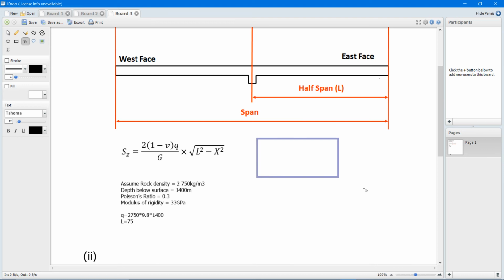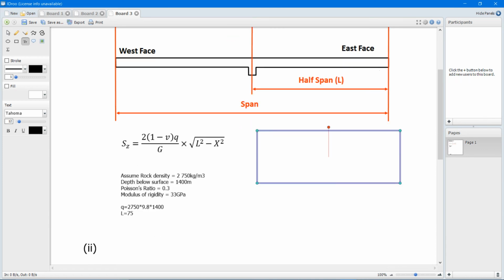So we've got to calculate how much convergence has happened.